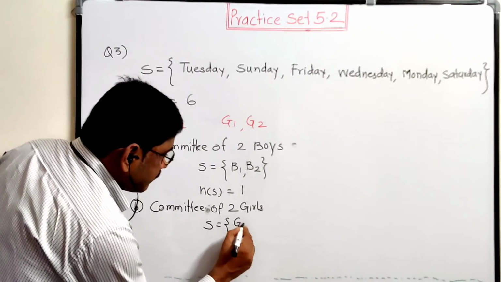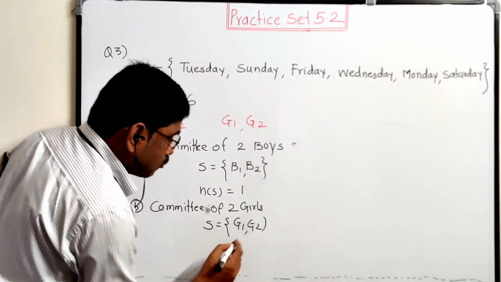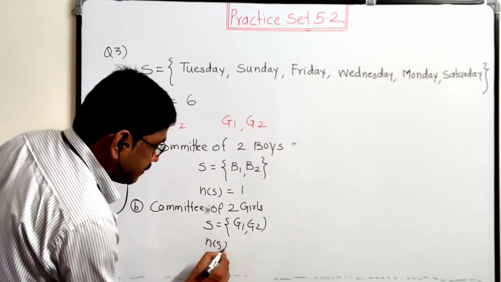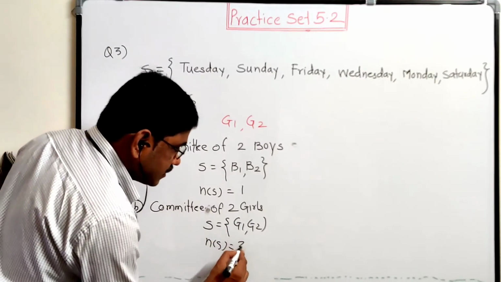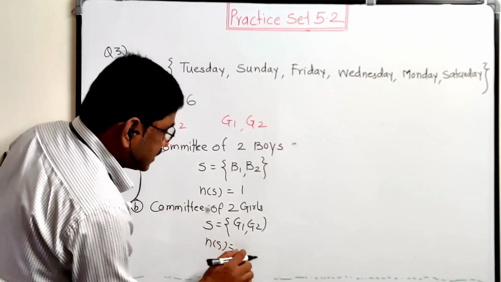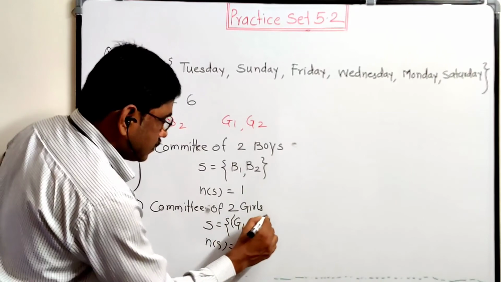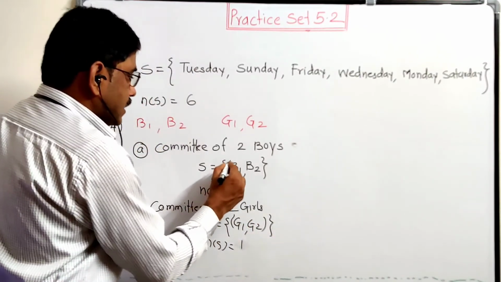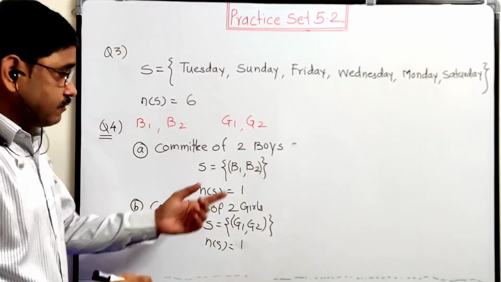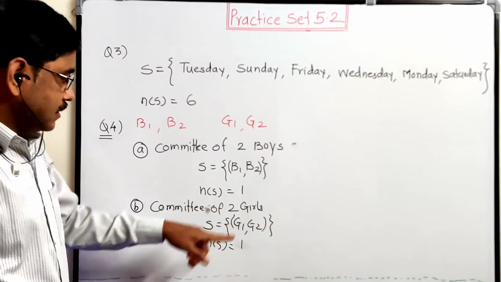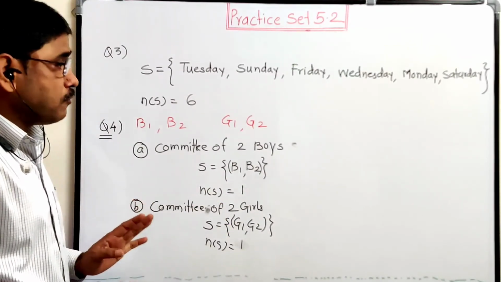So we get G1 and G2 because the condition is 2 members must be there in the team and both are girls. So we get NS is equal to 1. Here it is B1 B2, that is the single committee, only one committee. G1 G2, that is the only one committee.